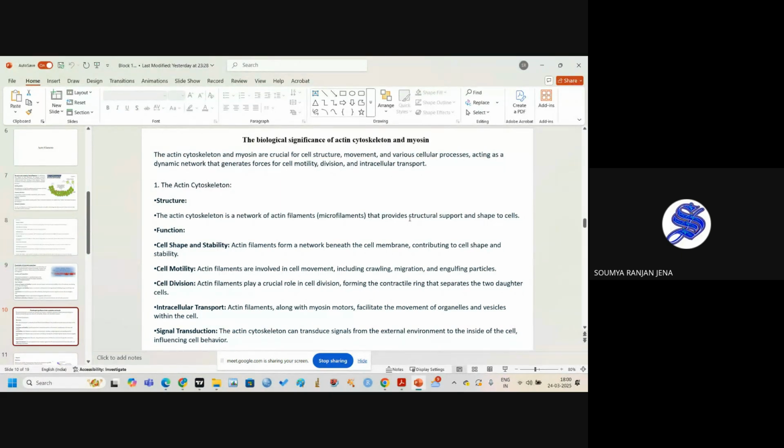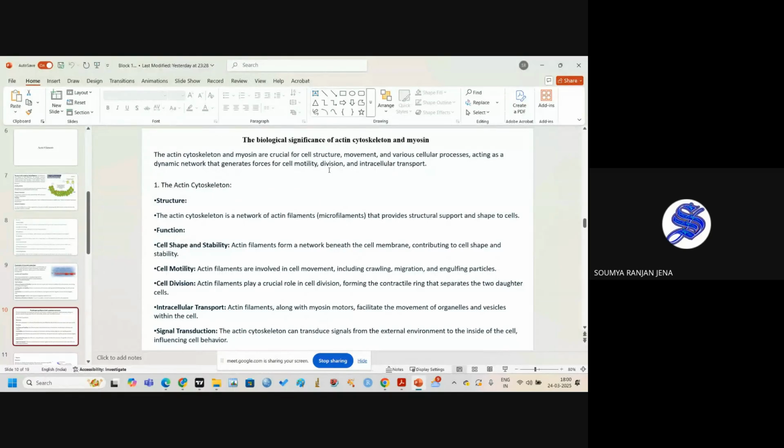If we go to the biological significance of the actin cytoskeleton and myosin, these are crucial for cell structure, movement, and various cellular processes, acting as a dynamic network that generates forces for cell motility, division, and intracellular transport.